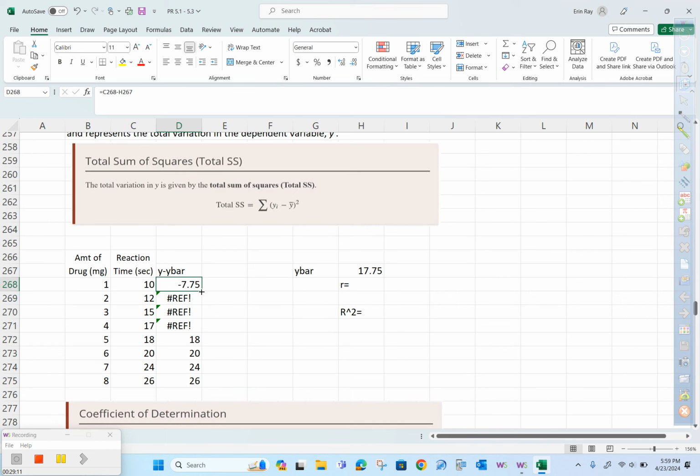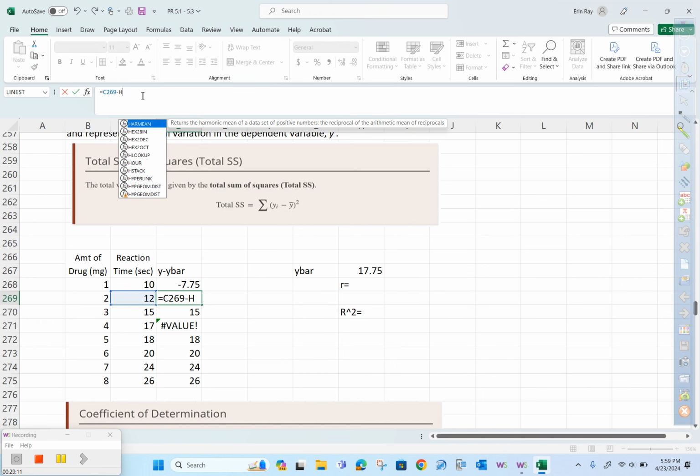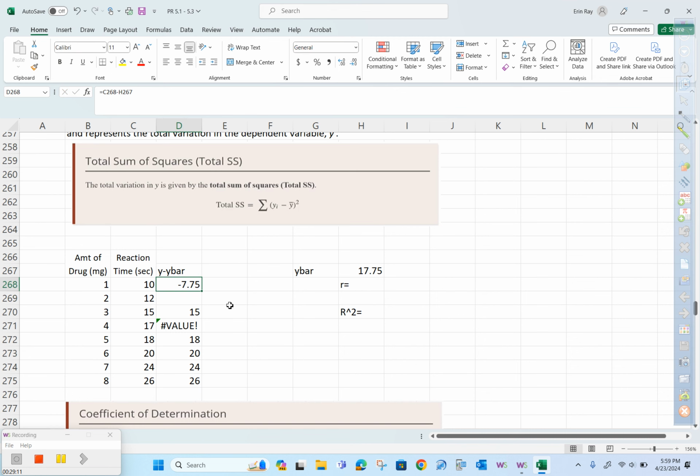And looks like I have to refill down. For this one, I did not get my cell select. Okay, let's restart that one. Alright, equals, starting with the y value minus this, and we want to keep that locked in.